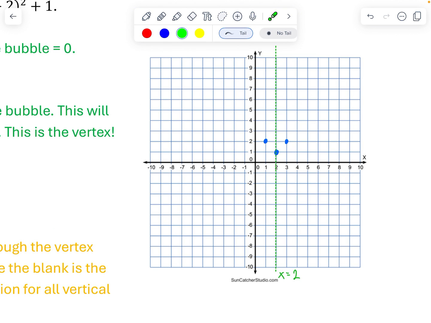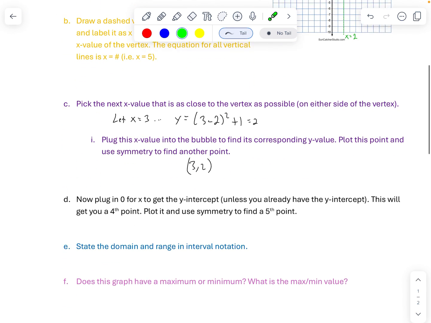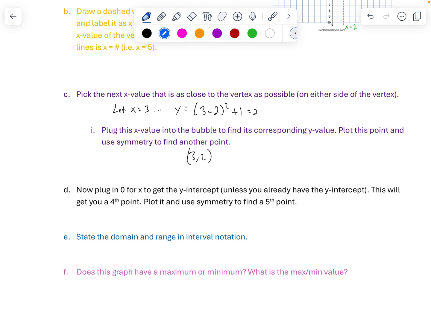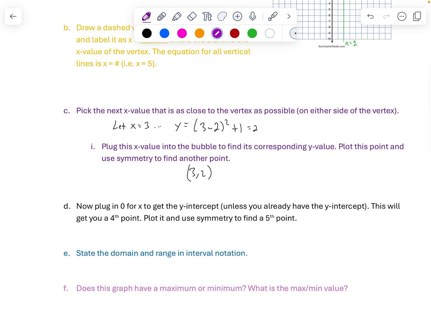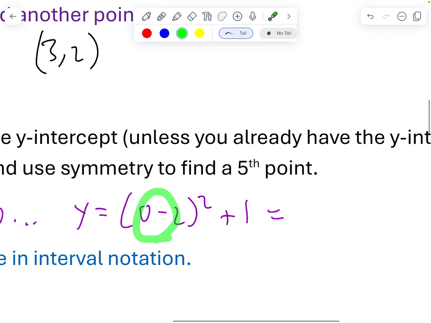But the point that we're missing that I always want you to find is the y-intercept. And that is when x is 0, and that's what it says right here. So we're going to plug in 0 for x now. So when x equals 0, we get y equals (0 minus 2) squared plus 1. 0 minus 2 is negative 2.